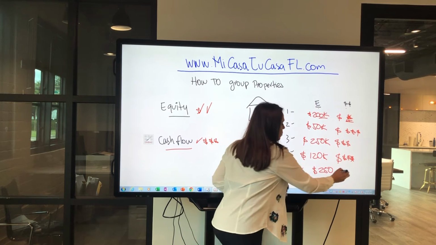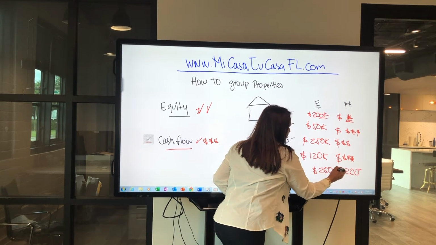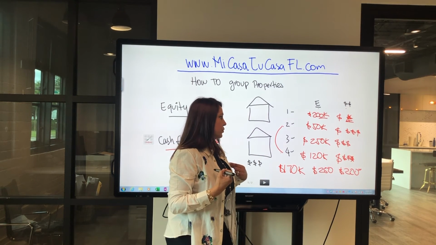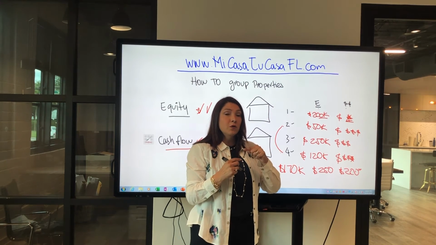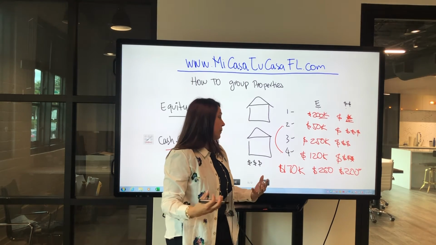And probably the other one will be 200. In this scenario, you have 3 LLCs. I would probably do that because, again, I want to reduce the amount of risk exposed in case something happens.